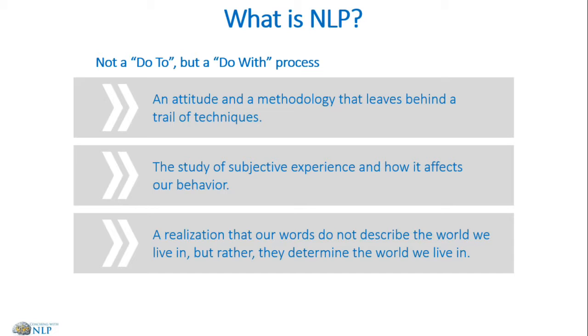And then separating what is necessary from what is idiosyncratic in creating that behavior. So what's necessary to create that behavior, and what are the things that they do that don't actually contribute to creating that behavior? So you can actually learn how to do modeling. In fact, during Master Practitioner, we actually teach you how to do modeling, and you're going to do a modeling exercise.